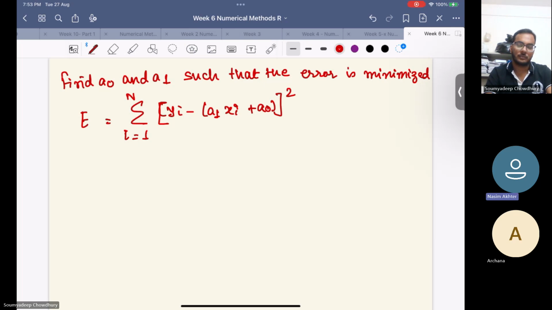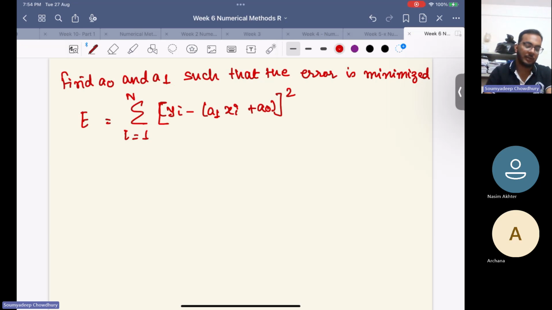We have to differentiate it and equate it to 0, then find the solutions. Correct.